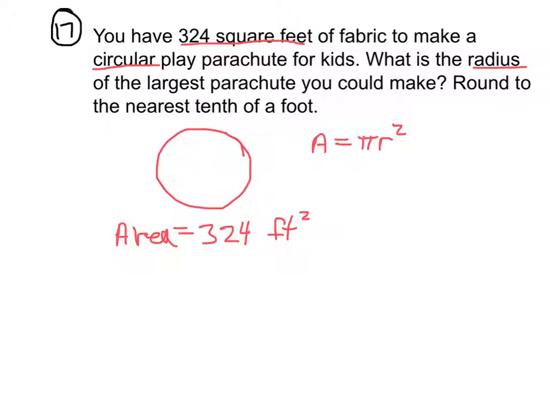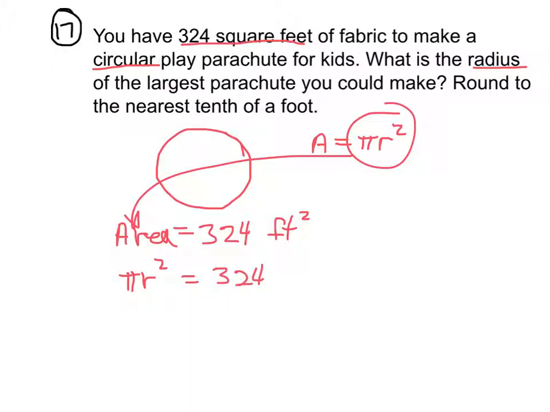Looking for the radius, we plug pi r squared in for area, so we'll have pi r squared equals 324. So we have to solve this equation. Pi is really 3.14, so 3.14 r squared equals 324.